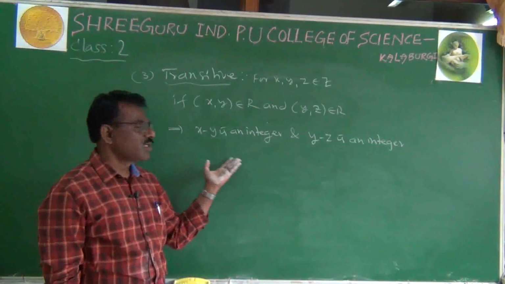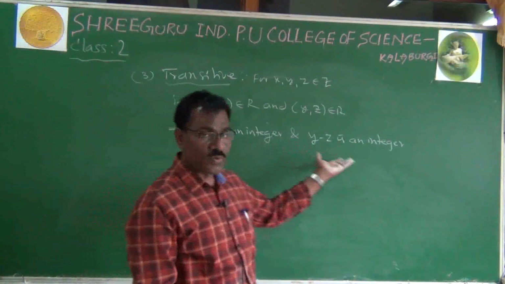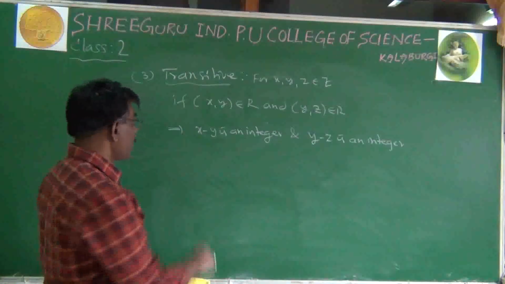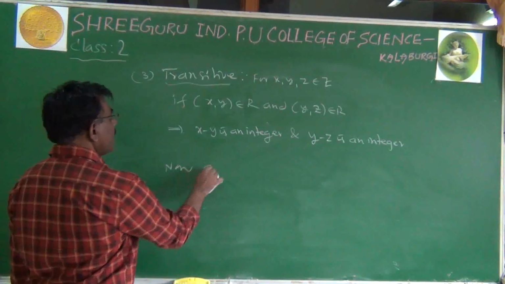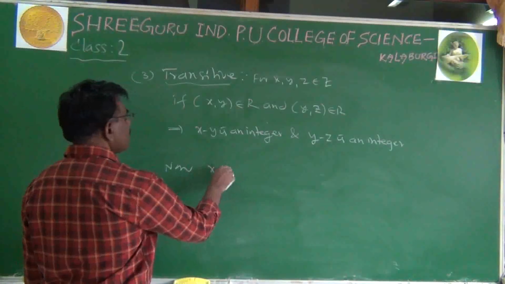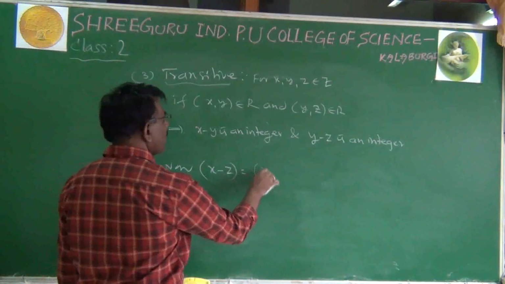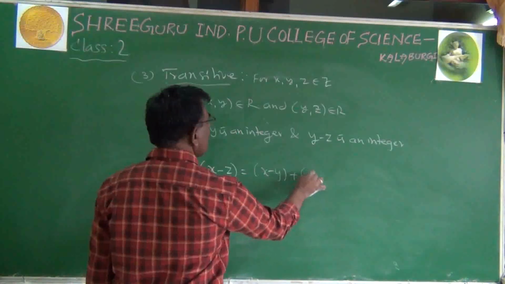Call X minus Y as k1, and Y minus Z as k2. Now X minus Z can be written as X minus Y plus Y minus Z.